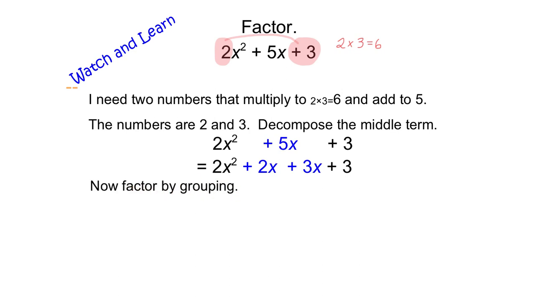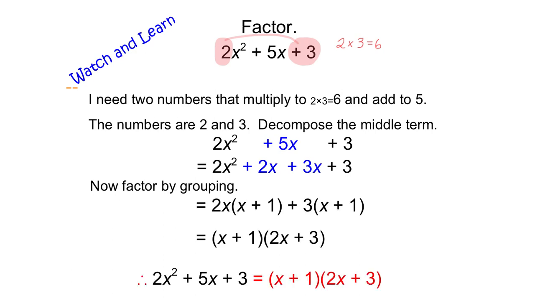If you remember a few lessons ago, this is where I group the first 2 terms, I group the last 2 terms, I find the common factor of each, and then I simplify it. So 2x squared plus 2x has the greatest common factor of 2x. I'm left with x plus 1, because 2x times x is 2x squared, and 2x times 1 is 2x.